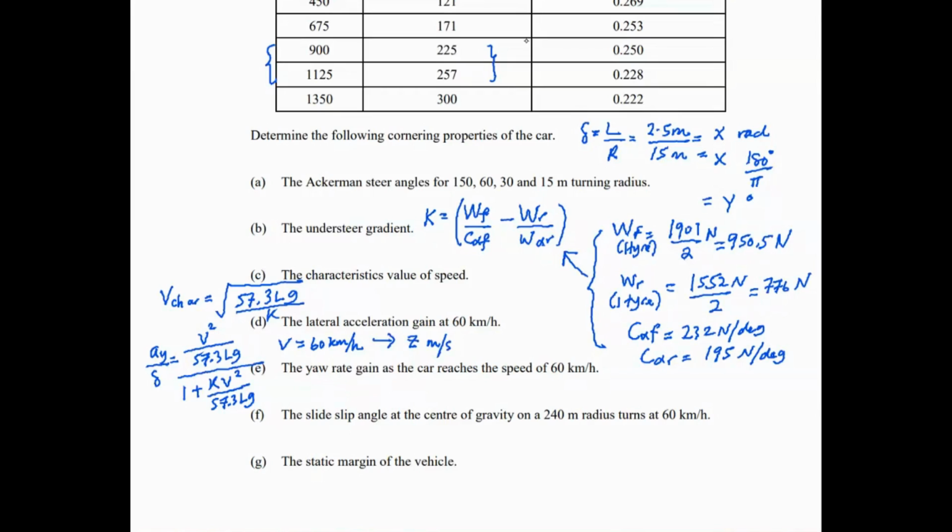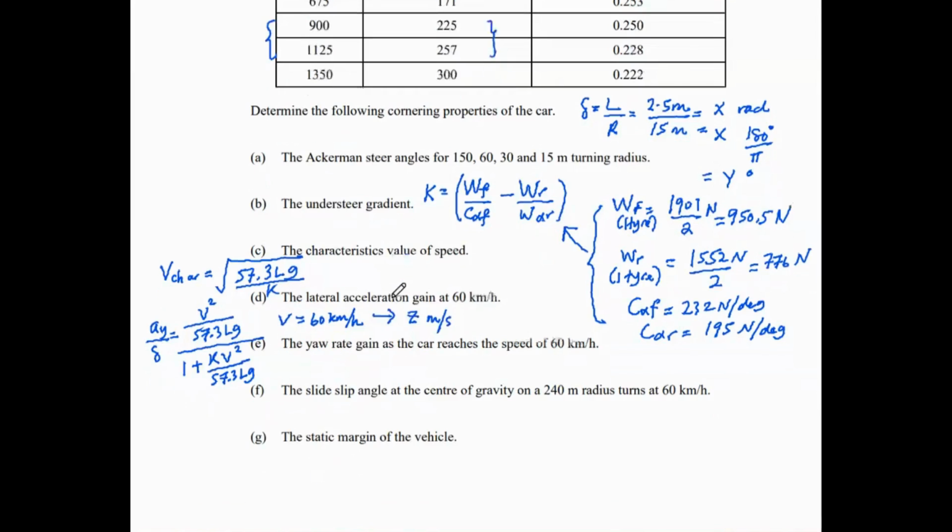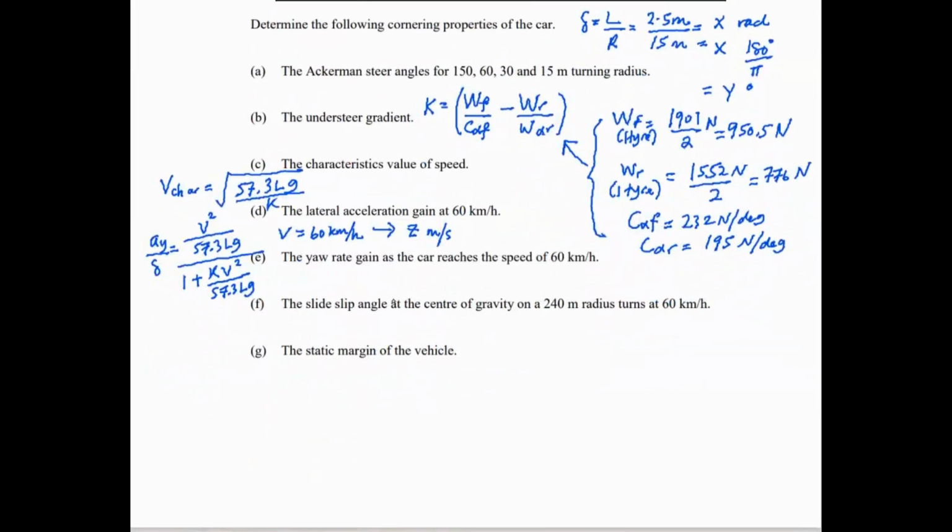Okay, for E, based on your lecture notes, this is the equation of yaw rate gain, V over L, 1 plus K V squared.